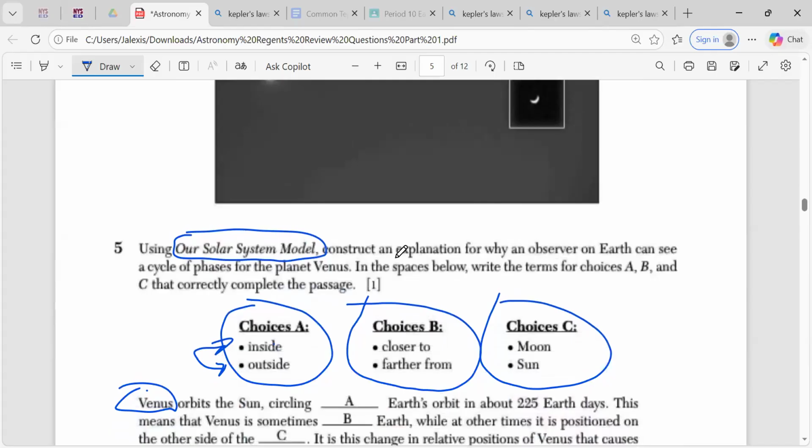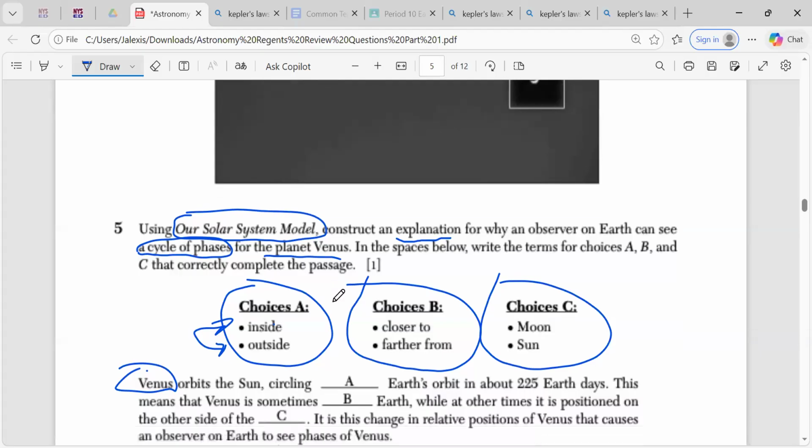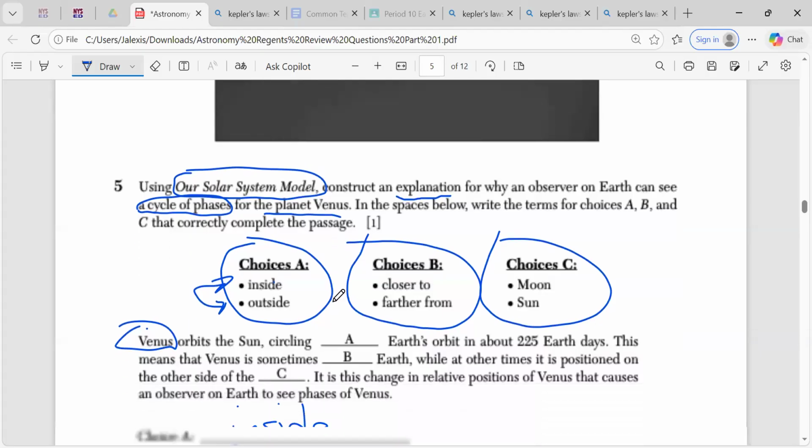Remember, this entire explanation is about why an observer on Earth can see the cycle of phases for the planet Venus. We wouldn't have a good reason to see the cycle of phases if it's farther from Earth, because we live on Earth.